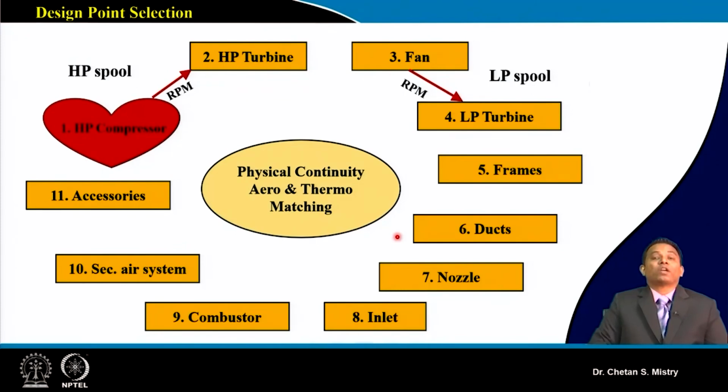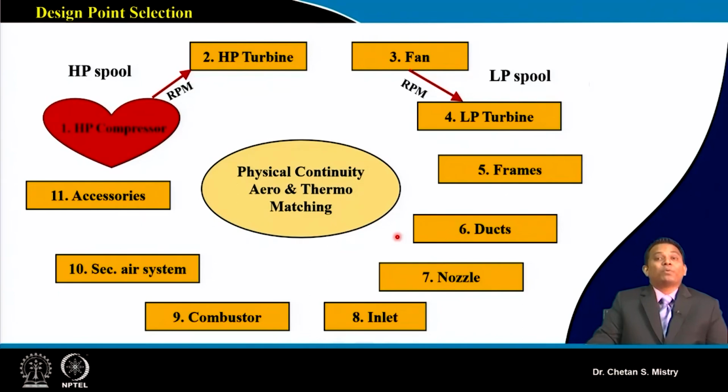You are fixing your HP compressor design, from where the initial engine design starts. We have discussed what kind of flow track we will be selecting. Is it constant mean diameter, constant tip diameter, constant hub diameter? All those things will come into the picture.